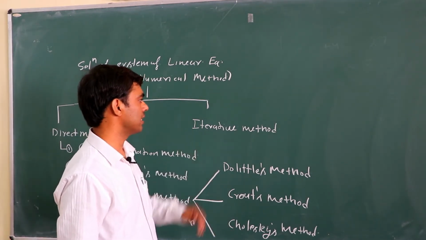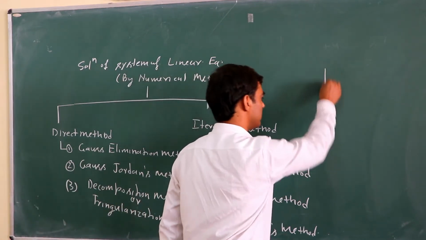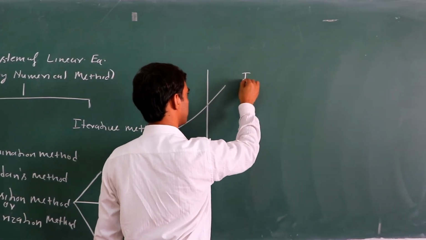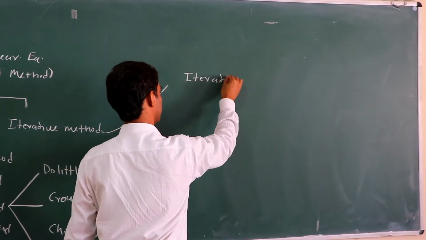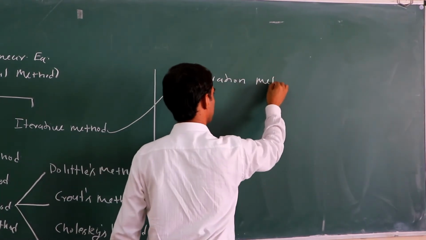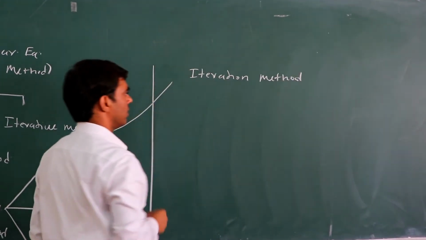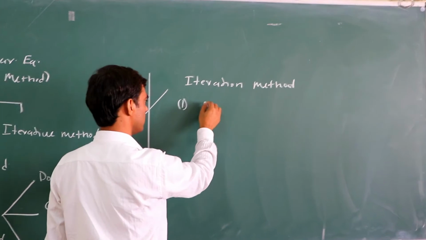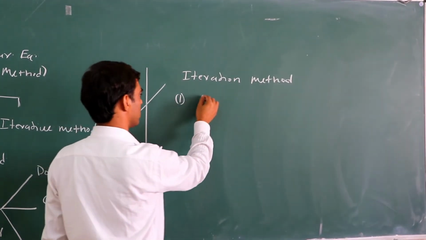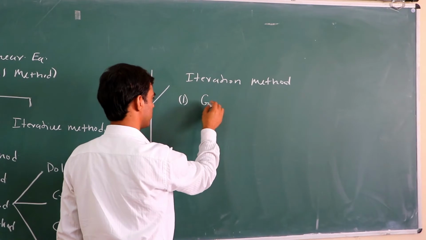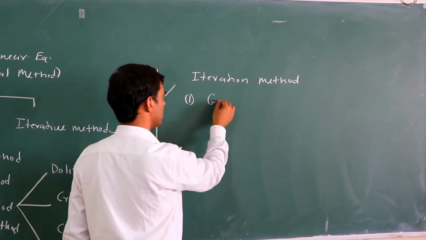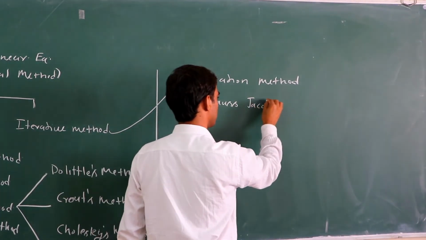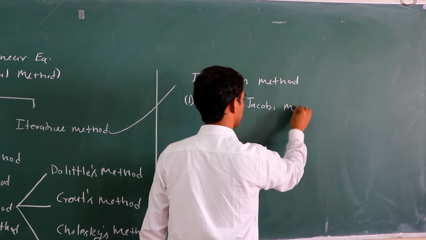Now, if we categorize the iteration methods, there are different methods, but mainly we focus on the Gauss-Jacobi method, also known as the Jacobi method.